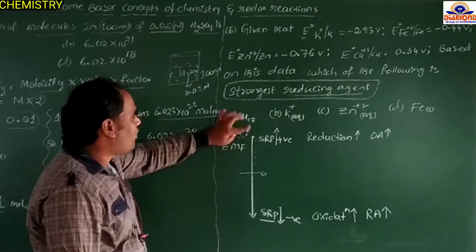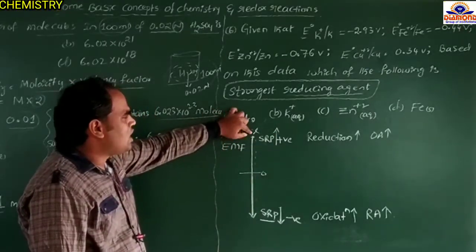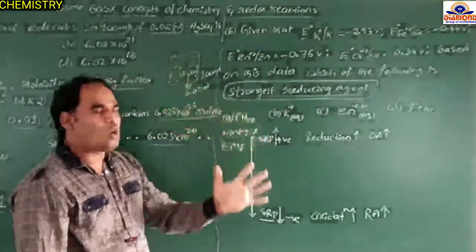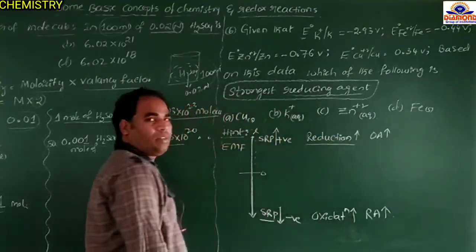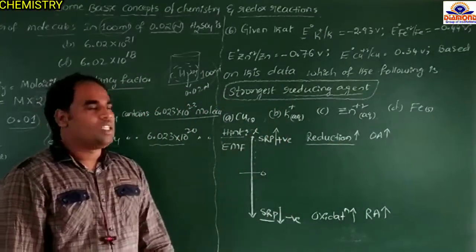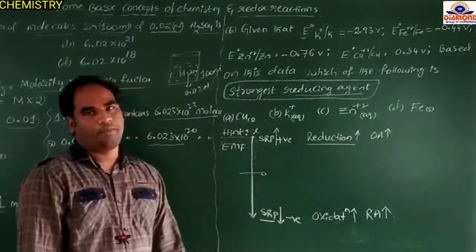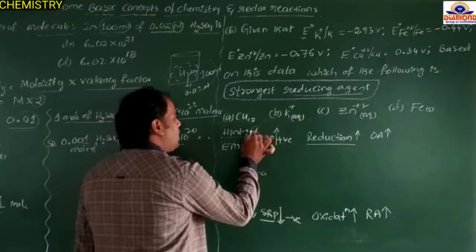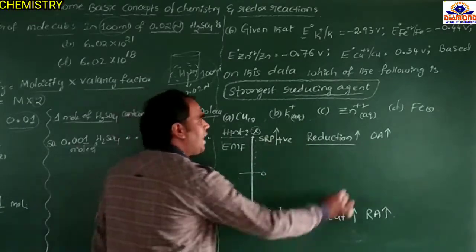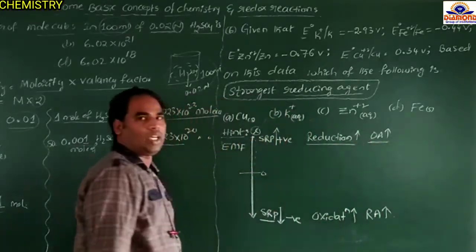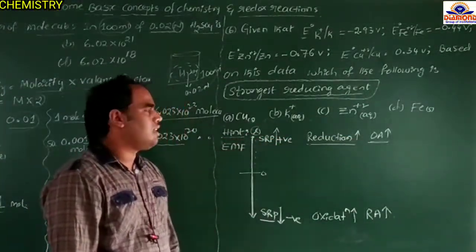For example, take element X. If element X has a higher standard reduction potential value, then that element undergoes reduction. If this element undergoes reduction, it acts as an oxidizing agent.